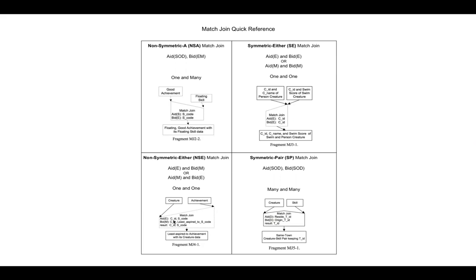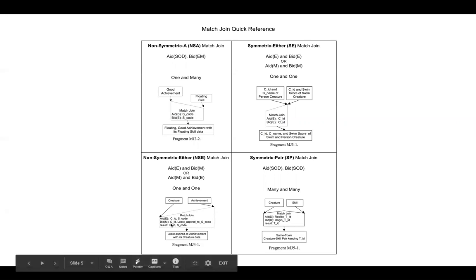Let's look at this example. We're going to match on the CID and the S code of achievement. Remember, A is the peak and achievement is on the peak. And we're going to use the CID and the least aspired to S code of creature.